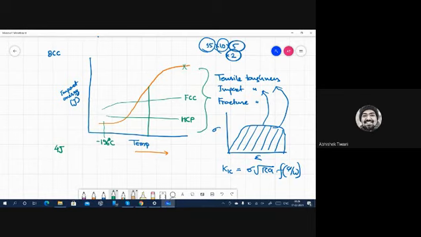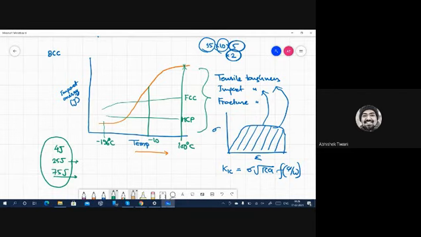Then a test at minus 10, and I might get an impact energy of 25 joules. Then a test at 100 degrees Celsius, and I get an impact energy of 75 joules. So there is a transition of energy absorbed because brittle fracture takes less energy. Here it's a combination of brittle and ductile fracture, and here it is completely ductile fracture.